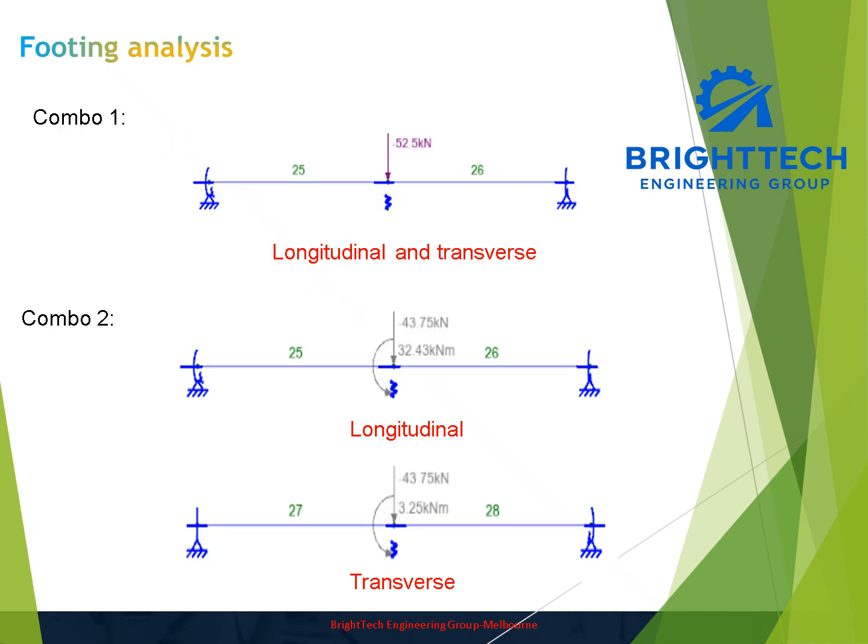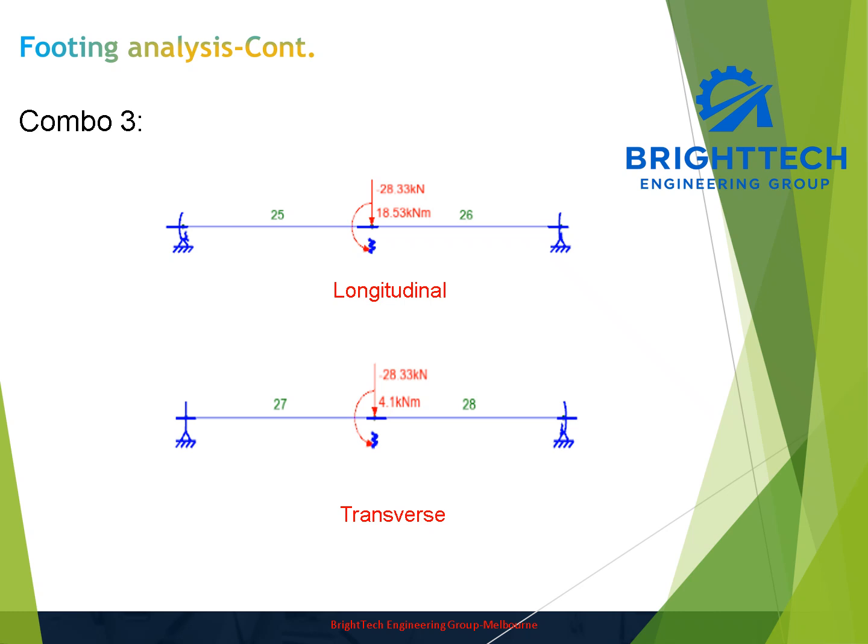Here is the modeling in Space Gass for load combination 1 and load combination 2, where we have the longitudinal and transverse. We have two models. We applied in both directions to get the reaction, including the moments and shear forces. And here is for the load combination 3.